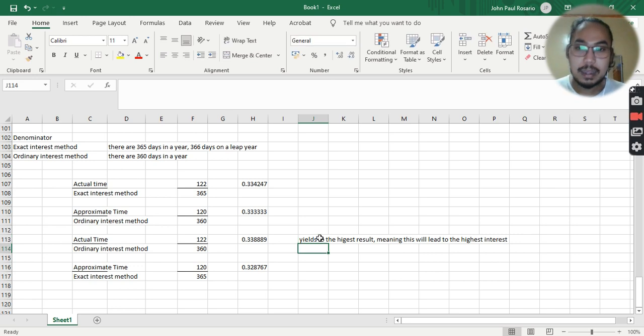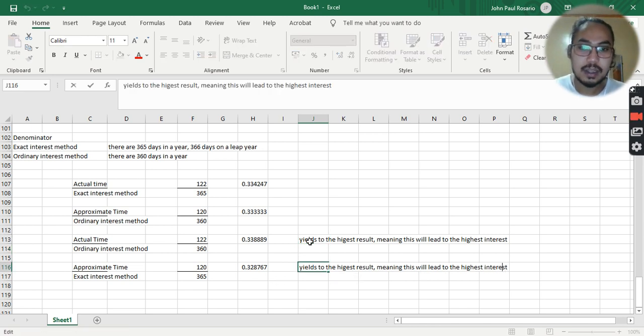And then the least is the combination of approximate time and exact interest method. So this yields the lowest result, meaning this will lead to the lowest interest.